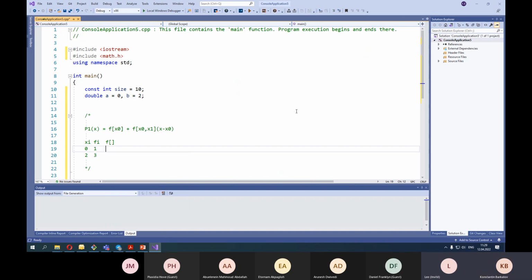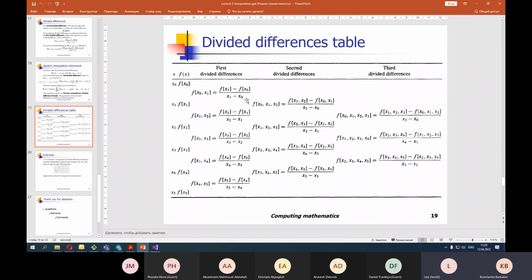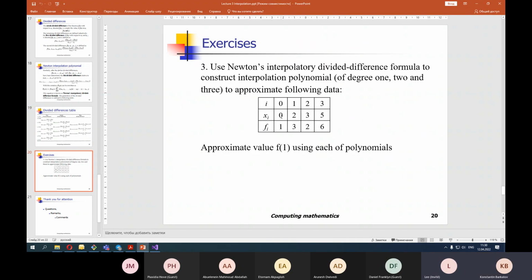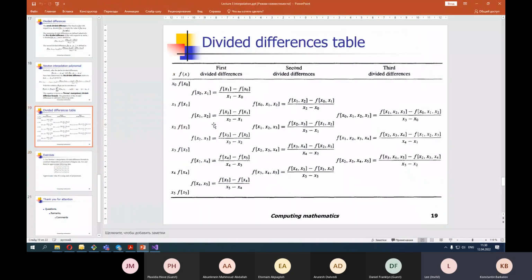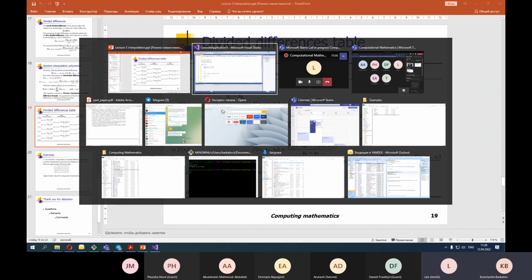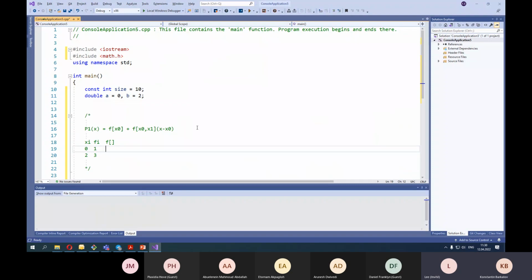I sent you this presentation last week. You have this initial data. Please find the first divided difference according to this formula. It's very simple, and tell me the answer.